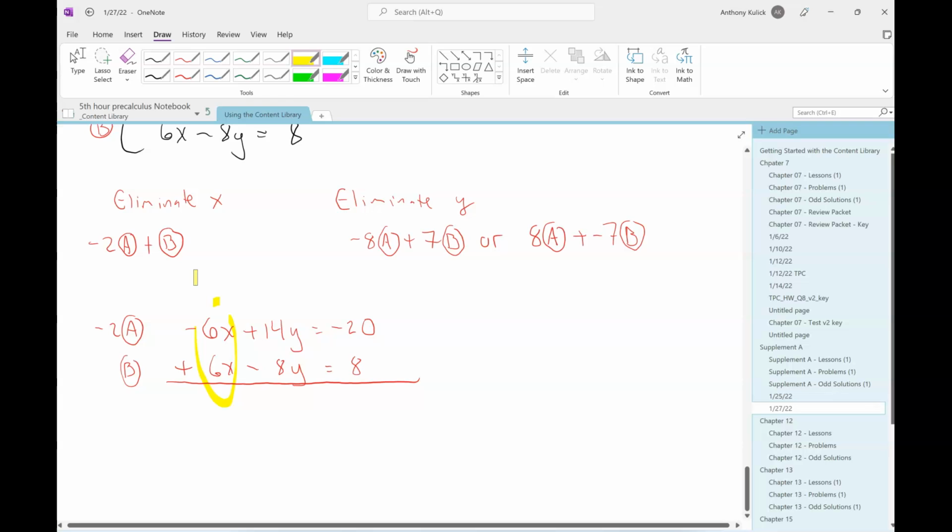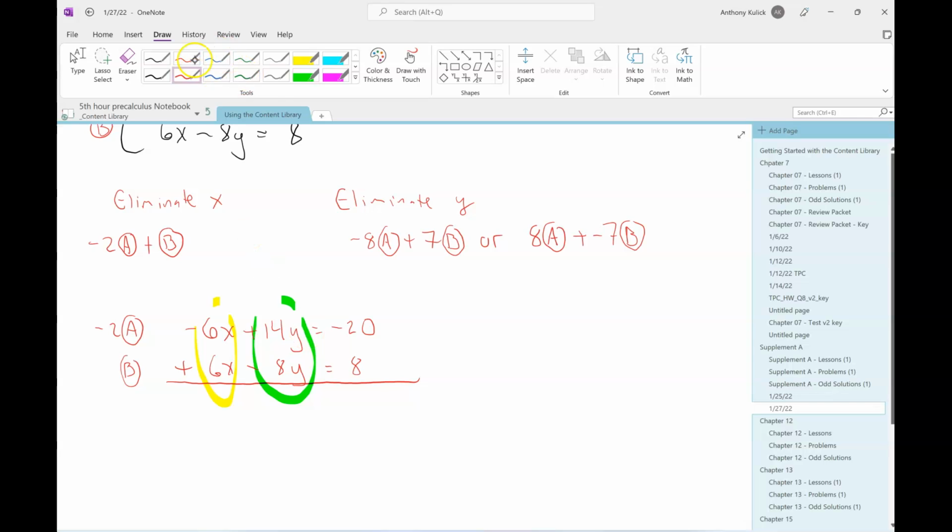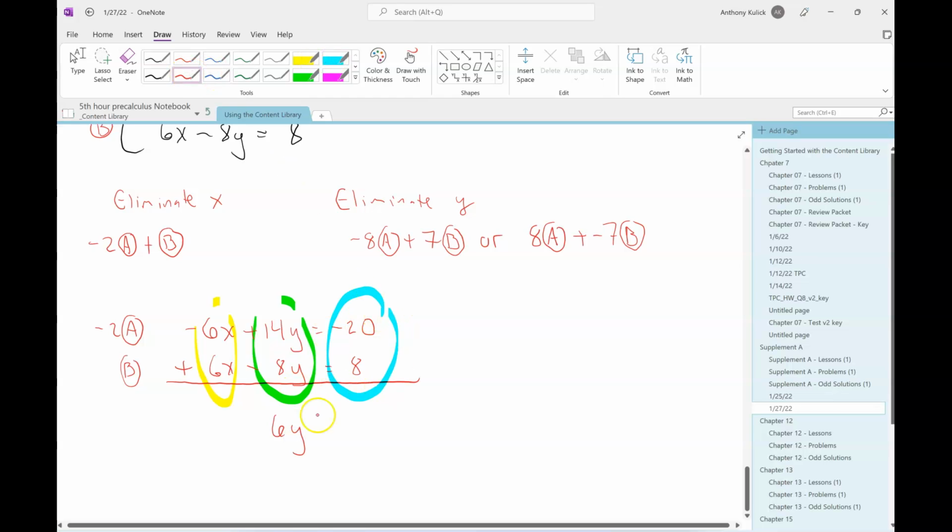Negative 6x and positive 6x, when you add them together, you get nothing. I'm not going to bother to write the 0 there. You could if you wanted to. And then positive 14y and negative 8y gives me 6y. And then the last step here, negative 20 plus 8 is negative 12. When I divide both sides by 6, I get y equals negative 2.